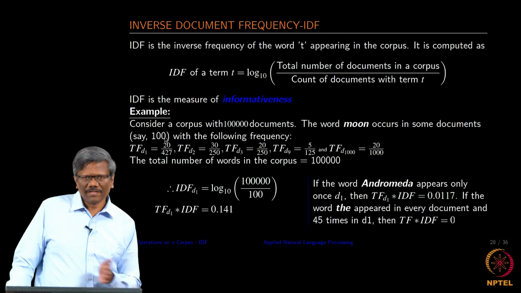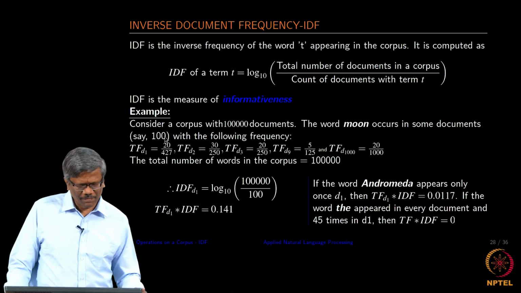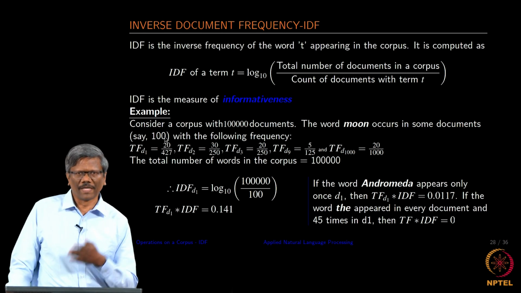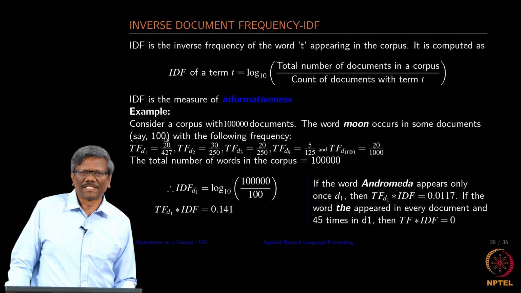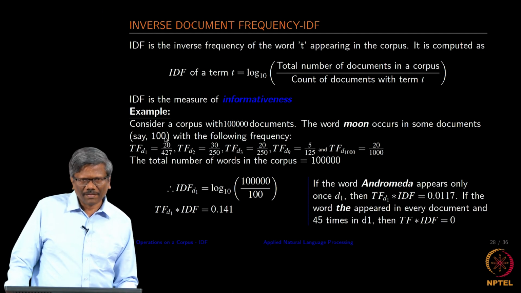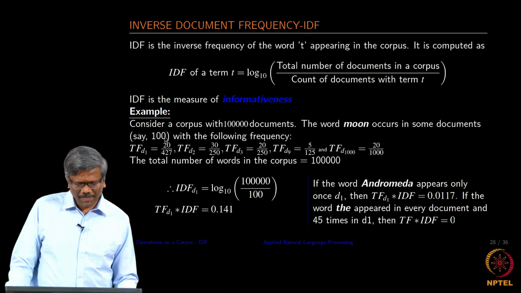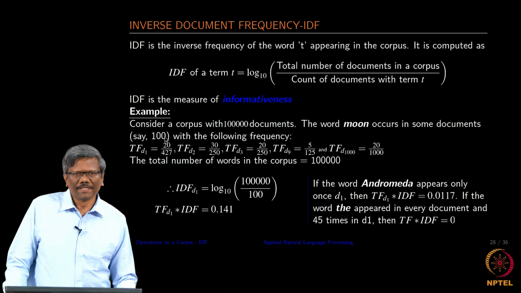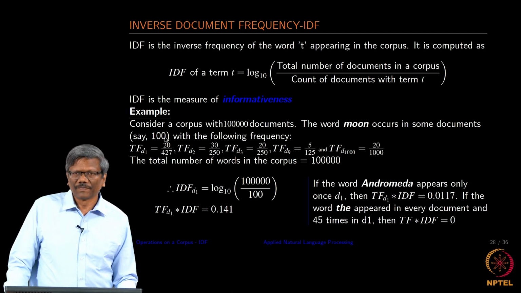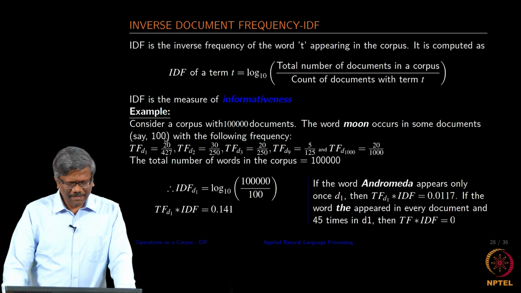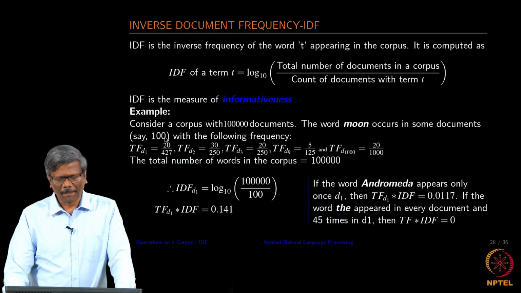The rest of the frequencies, if you add them up, may not be 100 in this case, but the rest of them probably would be appearing in other documents as well in small numbers. If you calculate the IDF for the term moon here, it will be the logarithmic value of 100,000 by 100, which is equal to 3. And then the TF IDF would be equal to 0.141.